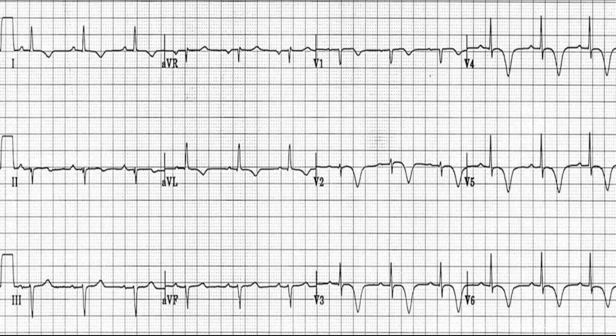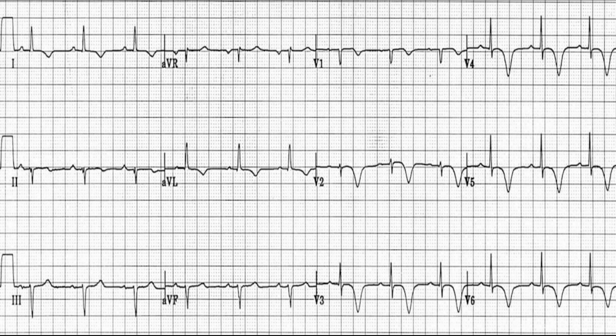Yes, again, what about this ECG? See, in V1, T inversion is there, but not significant. But look at V2, V3, V4, V5, and V6. Can you say it's a proximal LAD, critically stenotic, right? Even lead 1 and aVL also have ST segment elevation, and also leads 2, 3, and aVF.